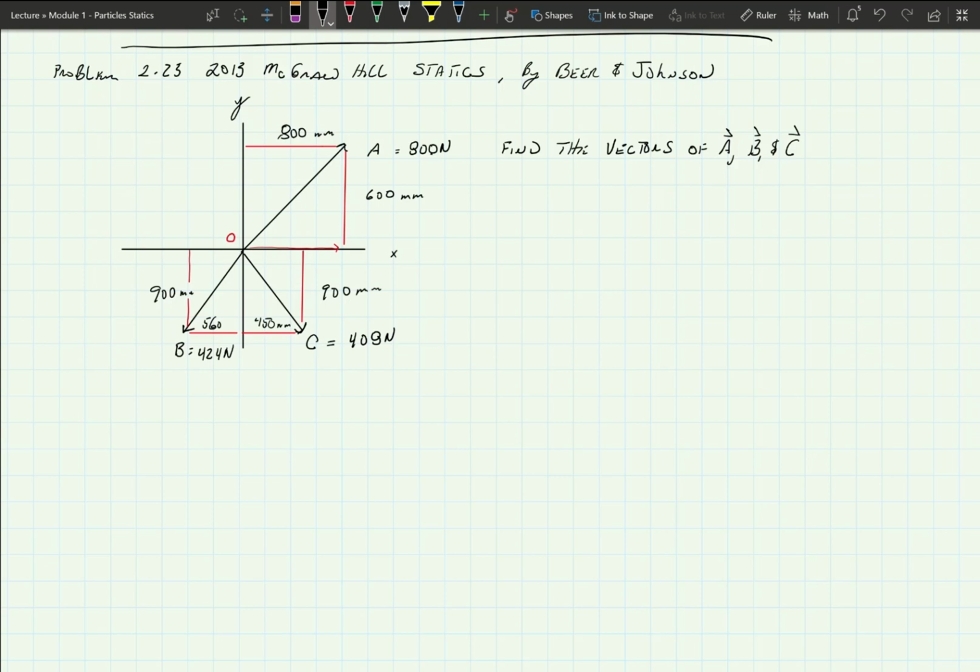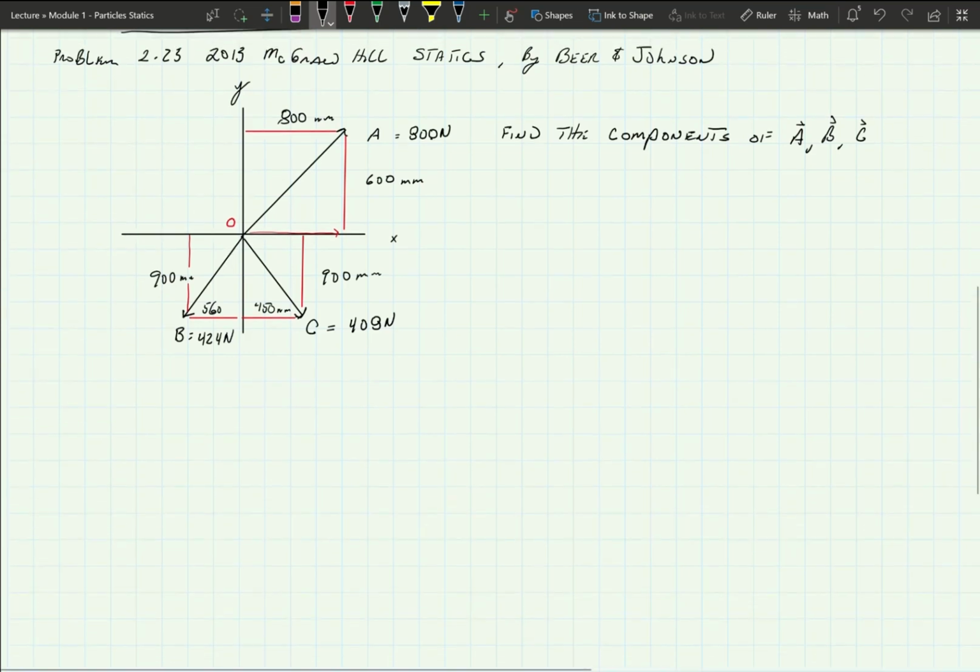All right. And find the vectors of A, B, and C, which I wrote wrong. So we're finding the component vectors, components of A, B, and C. Alright, and then we'll have ourselves in a good direction.